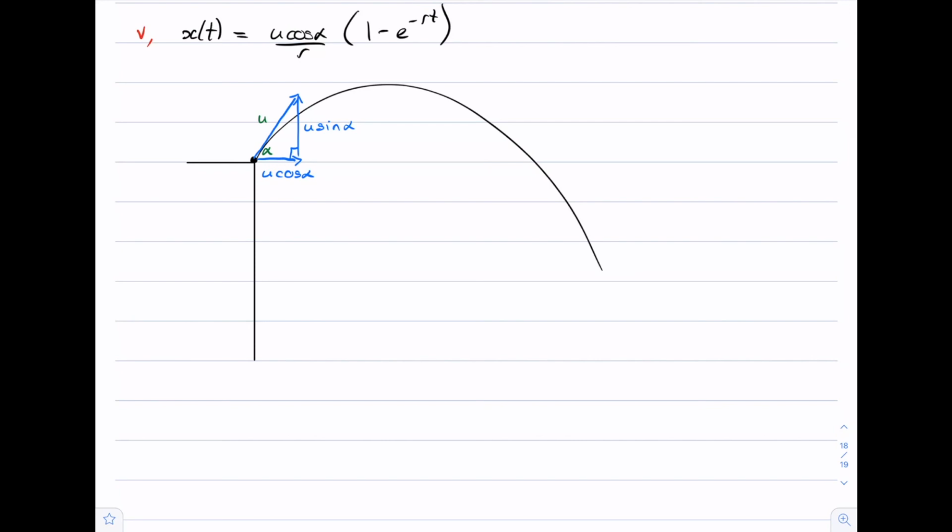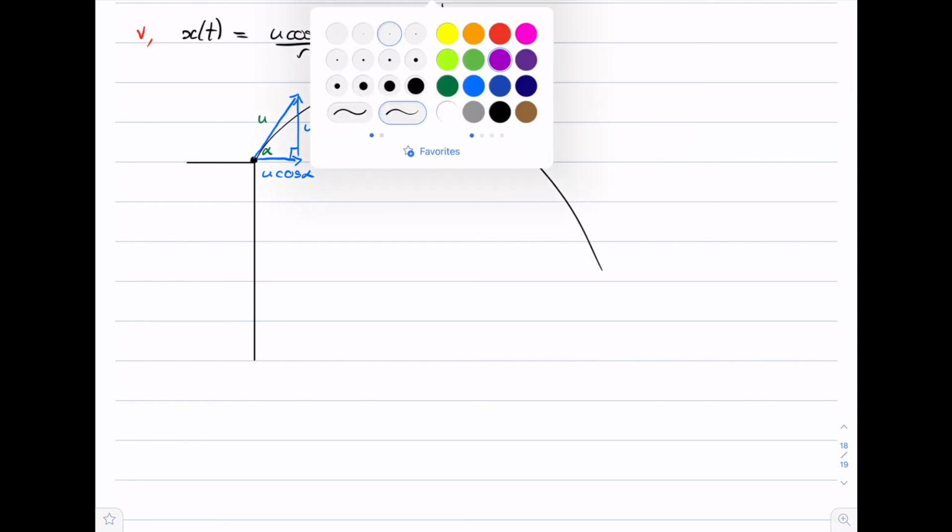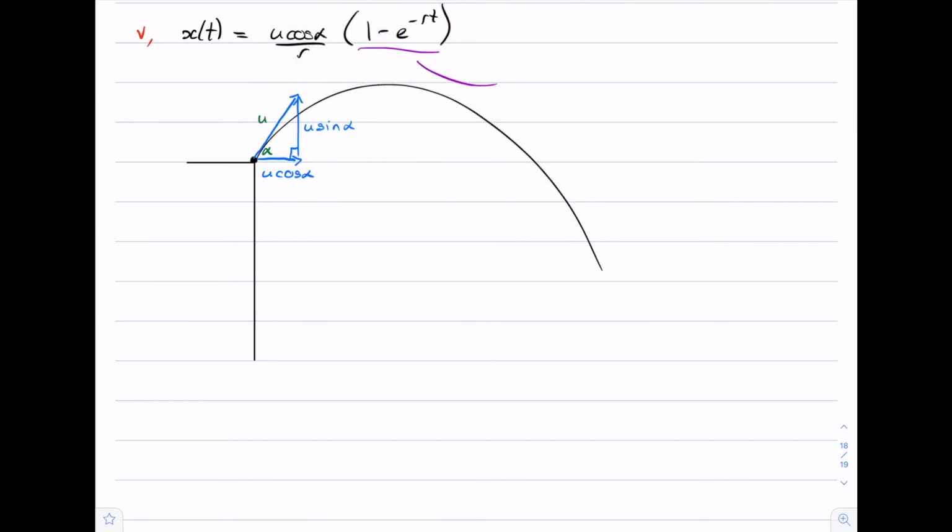Now, we can easily see, or maybe not easily see, but with a bit of thought, we can see that this function here, 1 minus exponential to the negative rt, this is a monotonic increasing function. So I'm going to write that here in purple. This thing here is monotonic increasing. Now, why is that important?